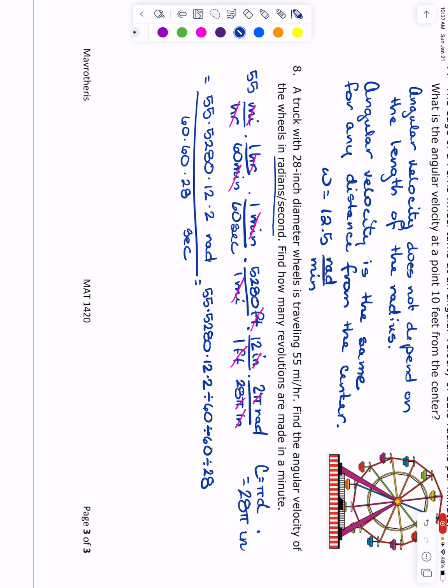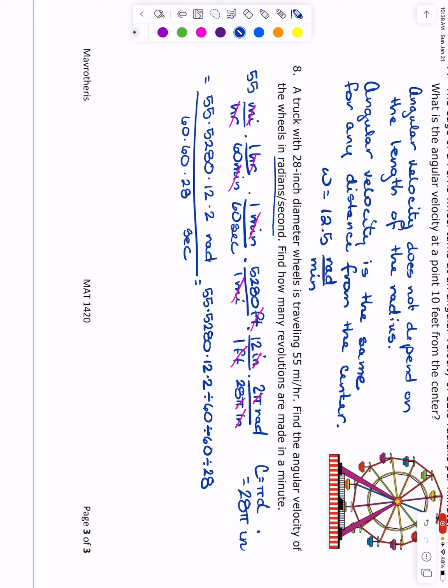And I bring this up because a lot of people will multiply the numerator, 55 times 5280 times 12 times 2, and then divide by 60, but in their mind, 60 times 60 times 28, once you hit that division, you're telling the calculator to divide everything after, and you're not. Dividing and multiplying are the same.